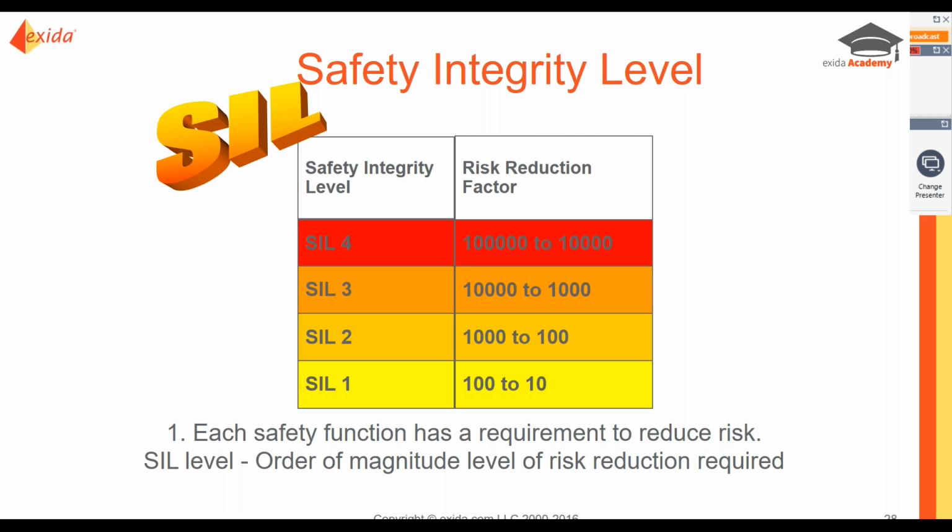So I know no matter what device I pick, if it is SIL2, it's going to have enough risk reduction that I need. Or you can say I need a SIL1 rated device with a risk reduction factor of at least 50.